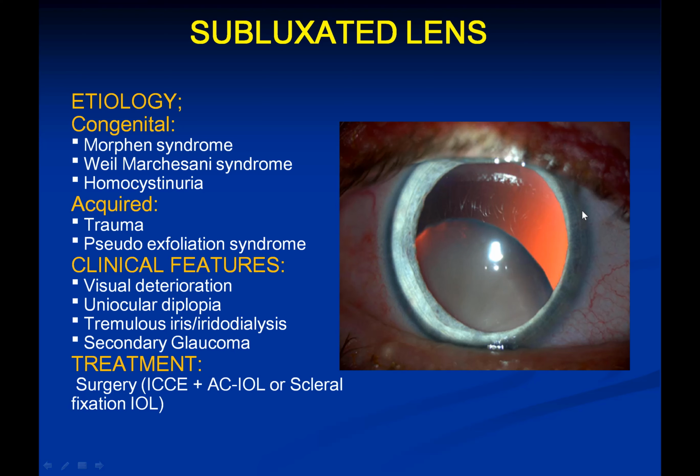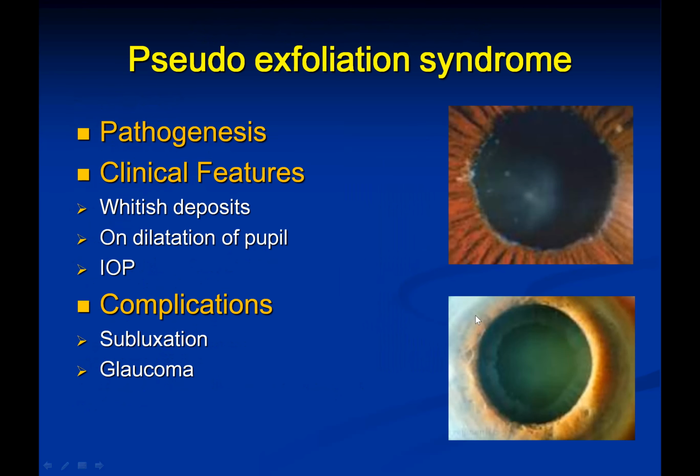So that is iridodialysis, which you will see in some patients, not all. The treatment in such cases will naturally be surgery with intracapsular cataract extraction and anterior chamber IOL implant. I will discuss it later.